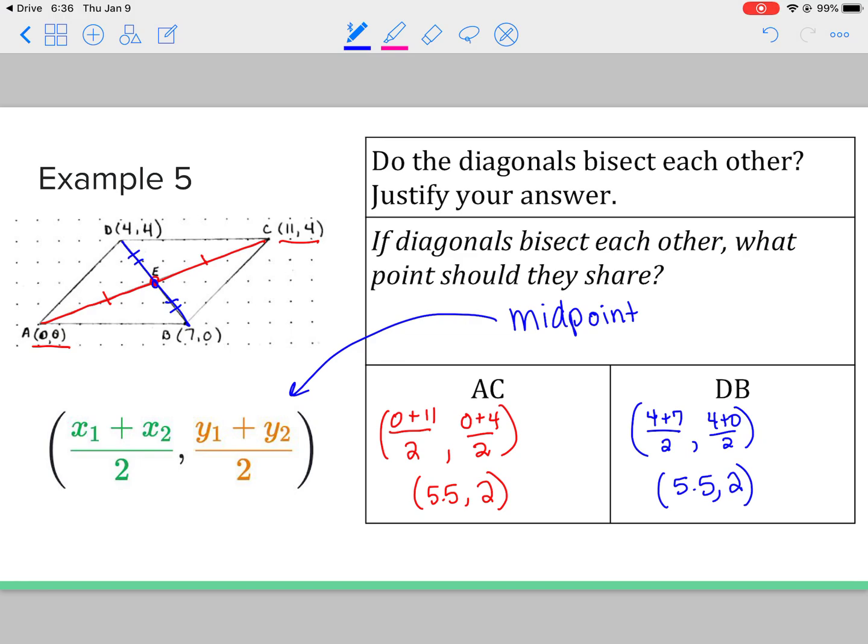So since AC and DB both have a midpoint at (5.5, 2), the diagonals bisect each other.